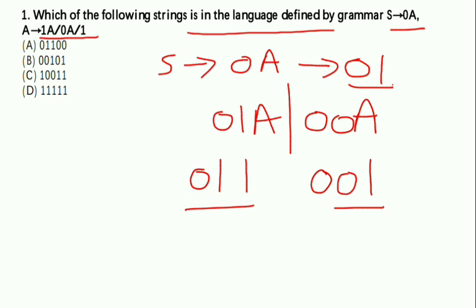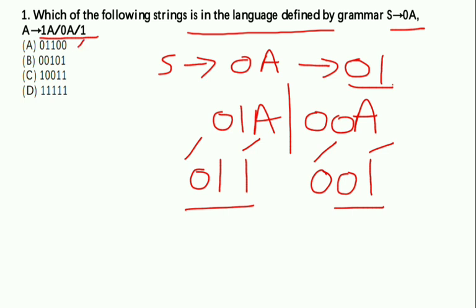But they have given the options, so we are going to eliminate option C and D. Because if you observe the strings generated from the grammar, each and every string is starting with 0 and ending with 1. So we have to sort out which string is starting with 0 and ending with 1.